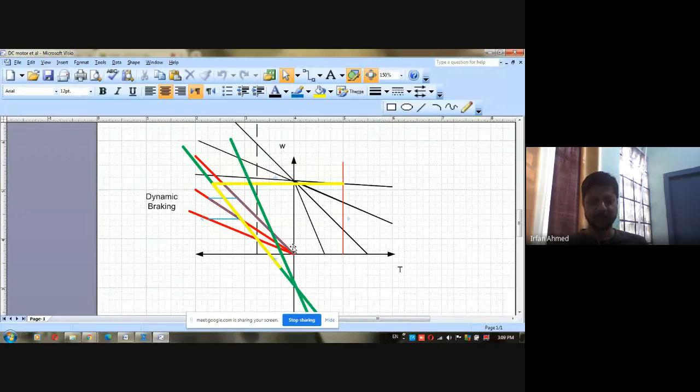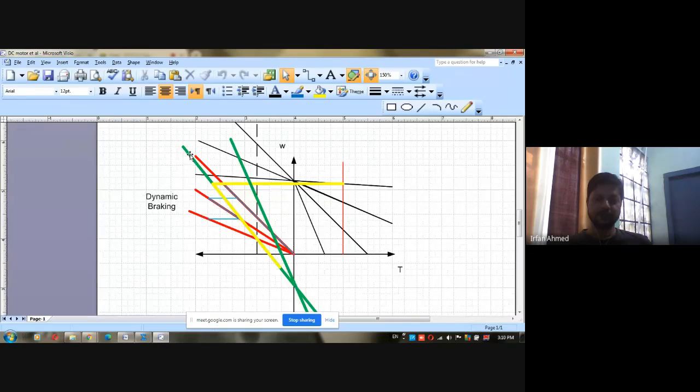And your armature current IA becomes negative of (V plus E) upon R. And these were the characteristics, as we had seen, the green lines. These were the characteristics under plugging or counter current braking. All characteristics under plugging will still have the same y-intercept, but that y-intercept is now negative instead of positive.